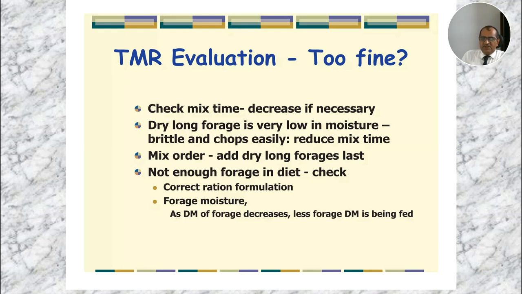The order of mixing should be to add dry long forages last, where there is not enough forage in the diet, and always check about this particular thing. Then always correct the ration formulation. Forage moisture should be weighed properly, because as the dry matter content of the forage decreases, less forage dry matter is being fed.